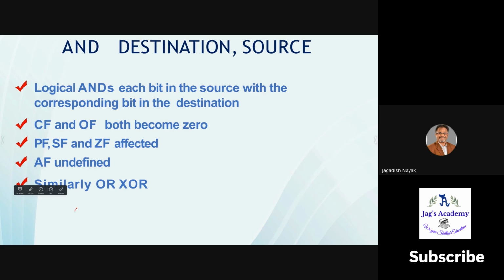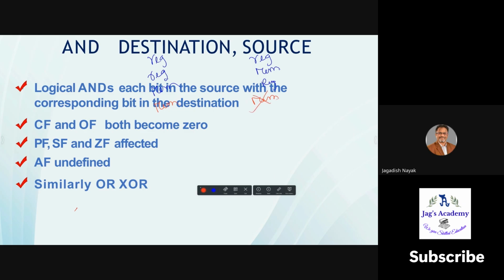Whenever you have this type of destination and source, it is very simple. The destination can be a register, the content of the register, or it can be memory, and the source can be a register or memory. But be careful, memory to memory is not possible.